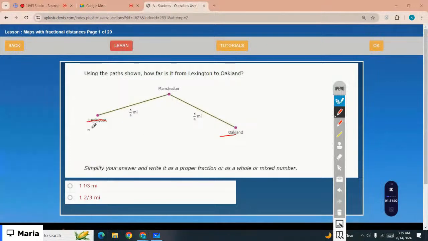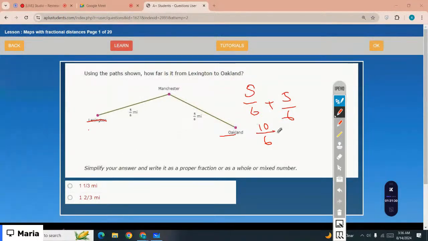That means you are given the distance from Lexington as 5 by 6 and from Manchester to Auckland is 5 by 6. You simply have to add the numerators. So 5 plus 5 is 10, and that would be 10 out of 6.